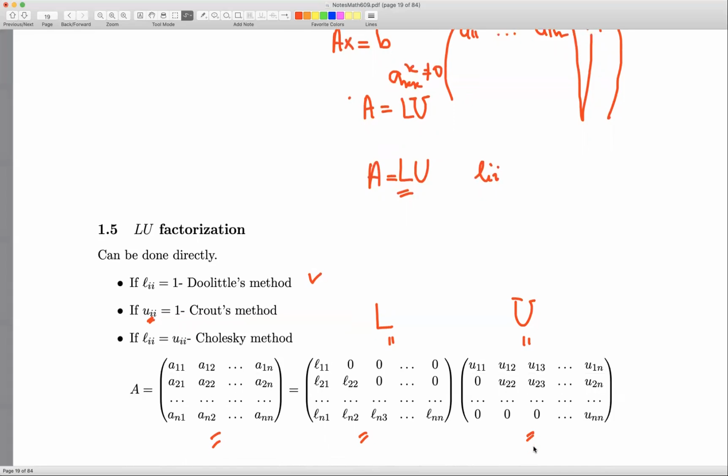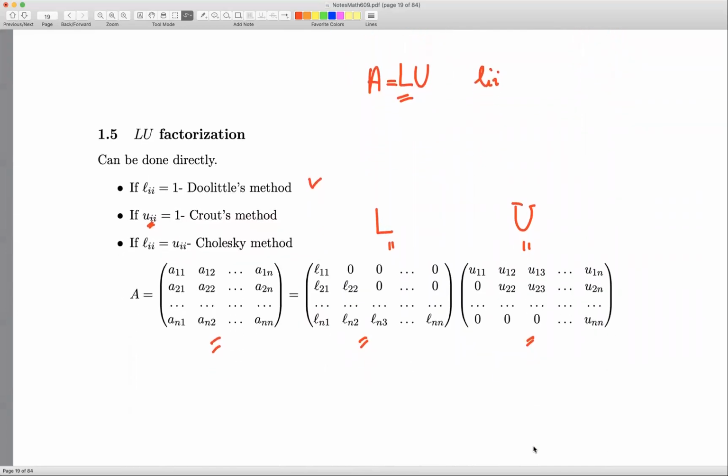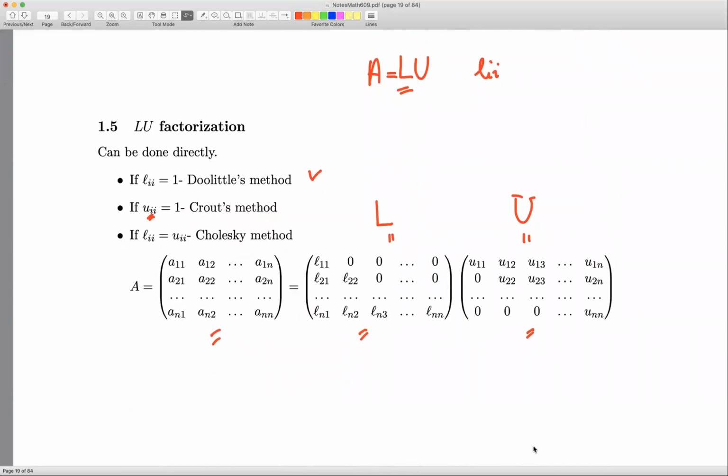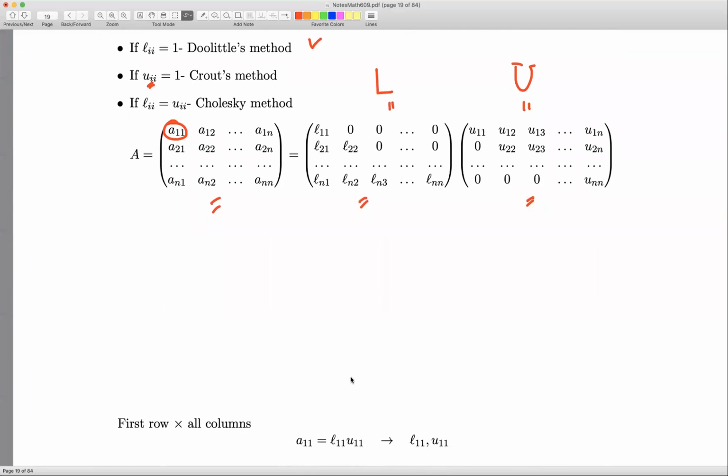What we're going to do is the multiplication of the two matrices in a special order. First, to get the element A11, we multiply the first row of L by the first column of U. Because of all these zeros, A11 is in fact equal to L11 times U11.